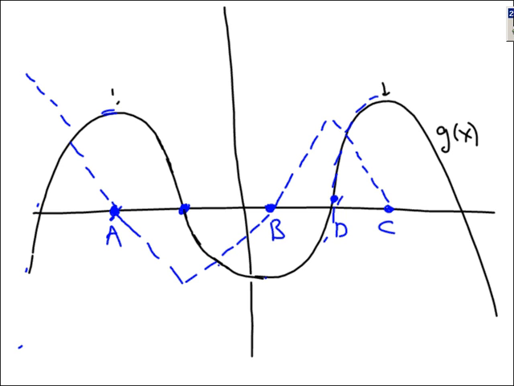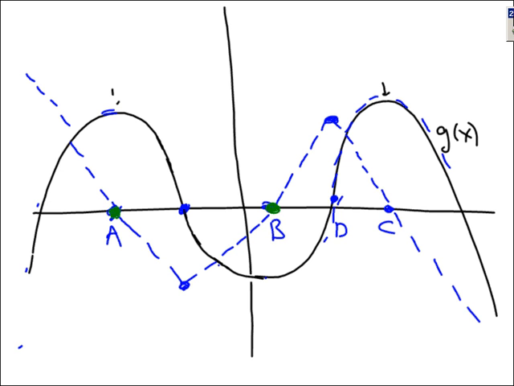Okay, what happens after C? Well, after C, the slope is negative and more negative and more negative. So it's going down like this. And what that tells me is, I have a min here and a max here, and I must cross at A and B. I must cross at A, the first derivative.